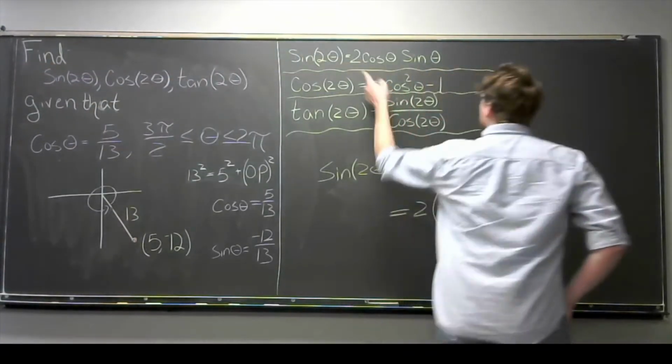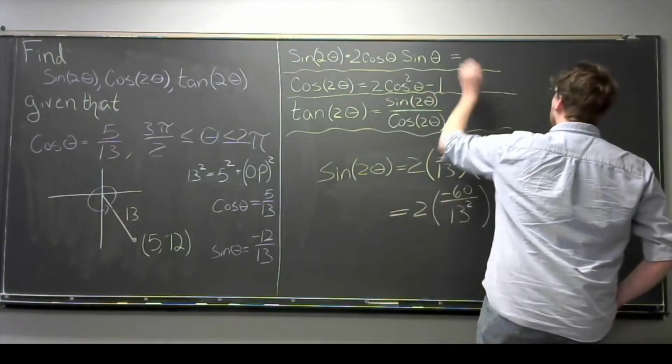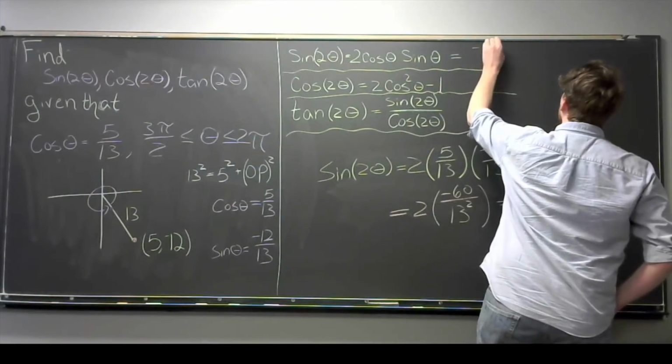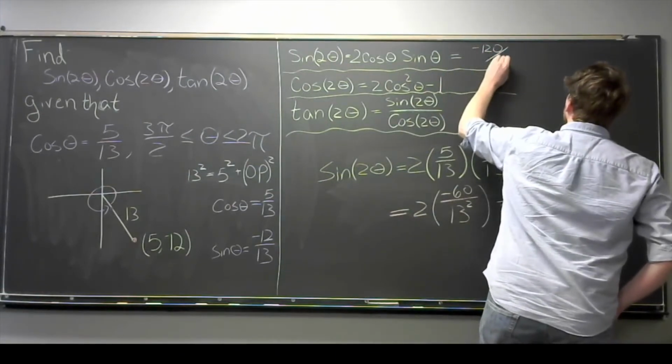So we just found sine of 2 theta. It is negative 120 over 169.